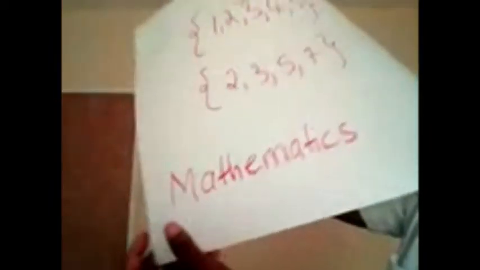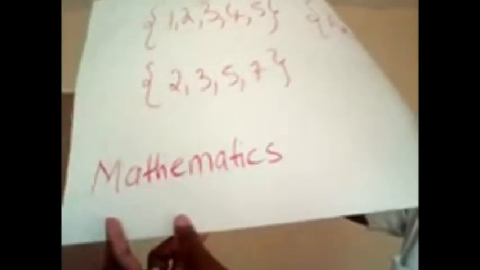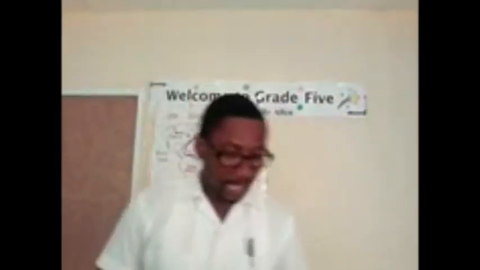If I ask you to write a set of vowels from the word mathematics, I want you to write down the word mathematics, and then write a set of vowels from it. So first thing you're going to do is look at the word mathematics and look for the letters of the vowel, right?